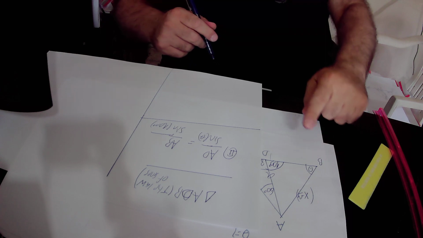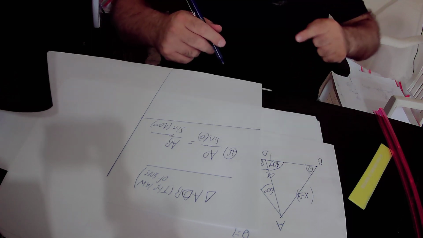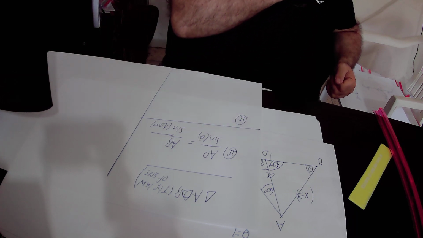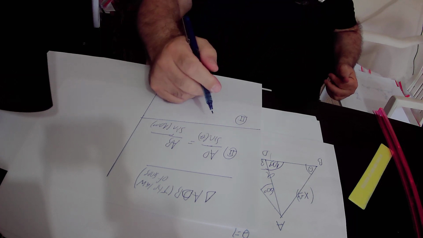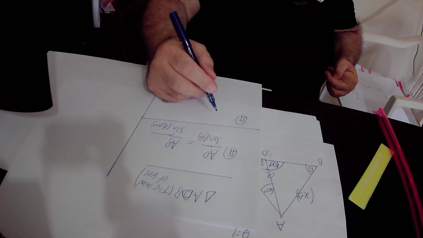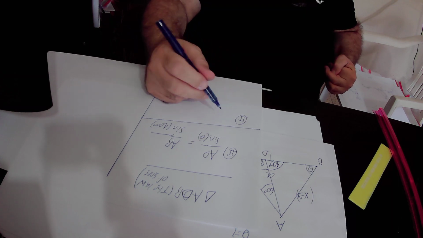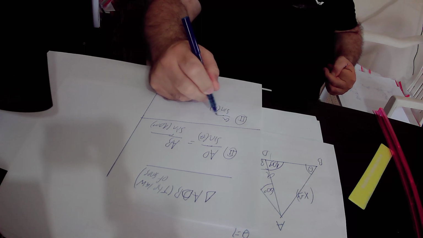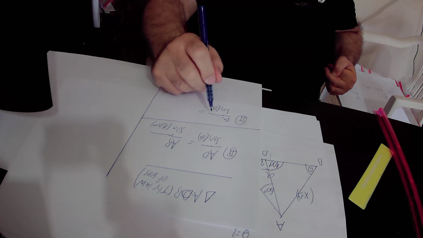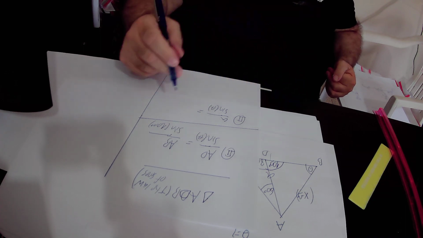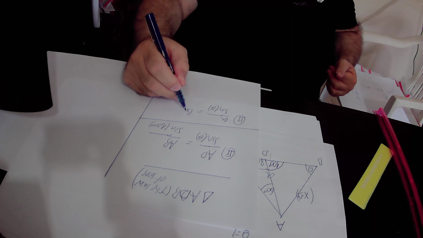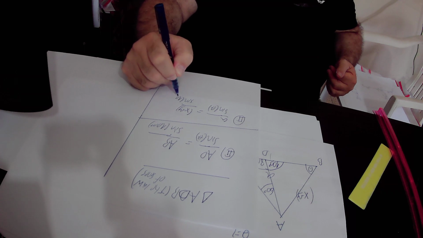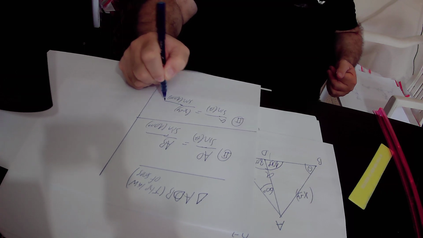AD equals a, therefore we substitute AD by a, and we get a over sine theta equals AB, and AB equals x plus y, so we substitute AB by x plus y, over sine 100 degrees.